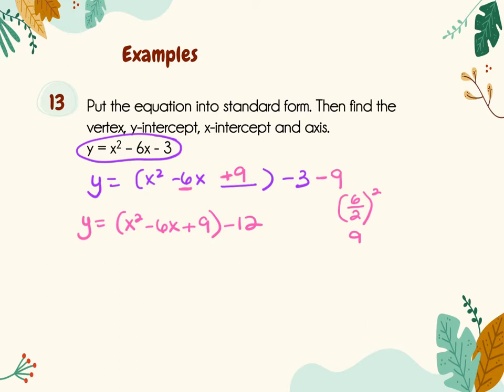Now the goal was to make that parentheses a perfect square trinomial, so now I need to factor it. y equals, square root the x squared, it's x. Square root the 9, it's 3. Take the sign from the middle, which is minus. Put the squared on it. And then don't forget your minus 12.